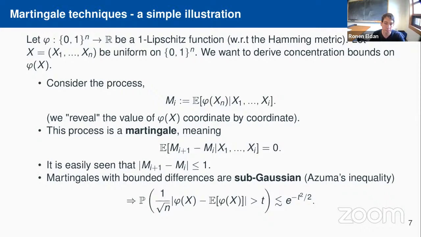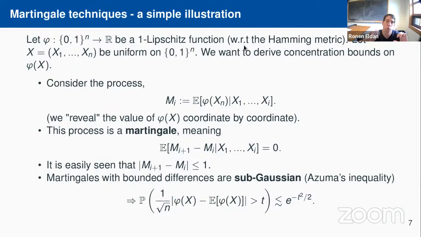And the approach will be based on pathwise analysis and stochastic calculus. But as a prelude, I'd like to explain a related approach, sometimes called Martingale techniques, and I'll explain it through a simple example. So here's the setting. We consider a function phi from the set of n-bit strings to the real numbers, which I assume to be a one Lipschitz function with respect to the Hamming metric.